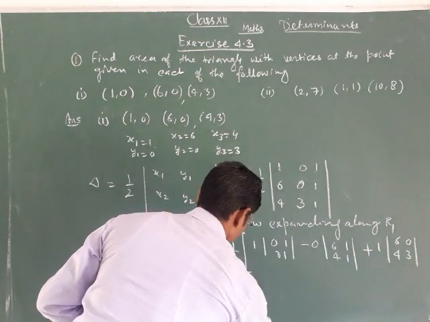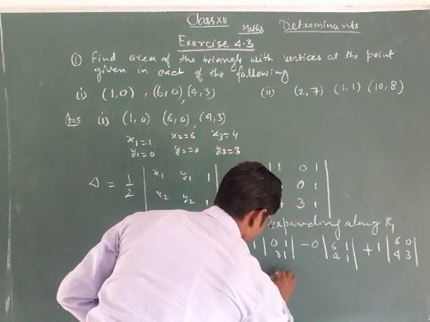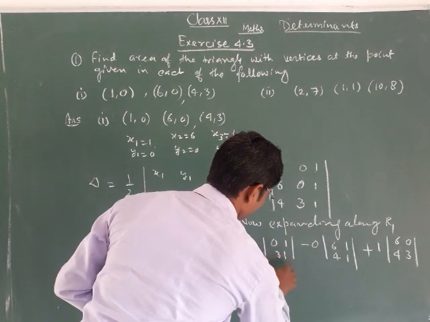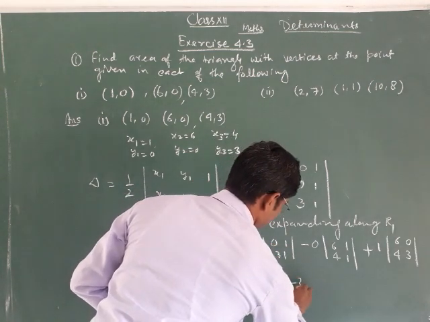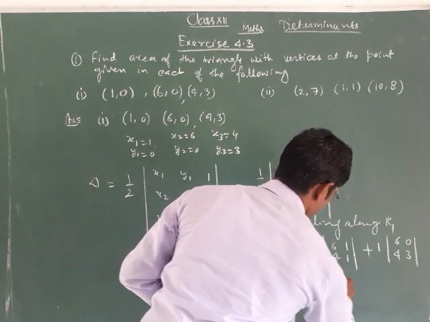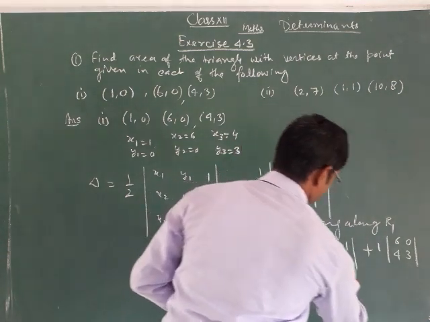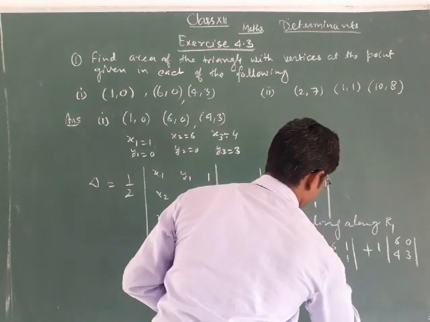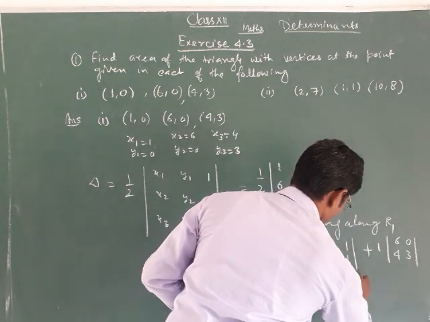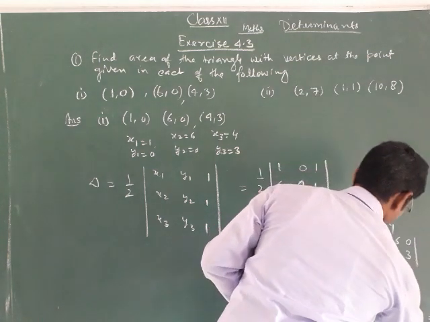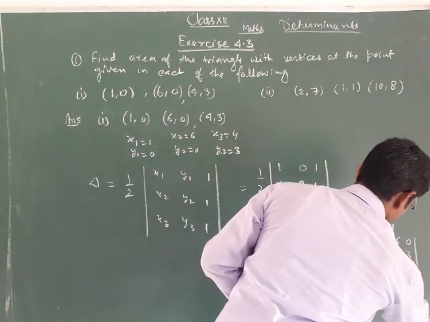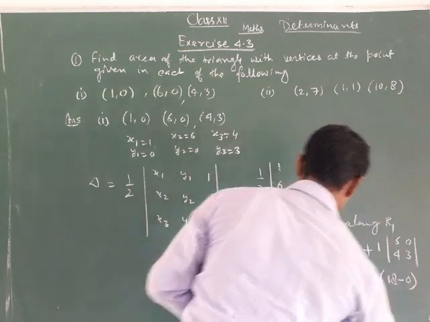So 1 by 2 times 1 (0 into 1, this is 0, minus 3 into 1, minus 3), minus 6 (0 minus 3), plus 4 (0 minus 0).